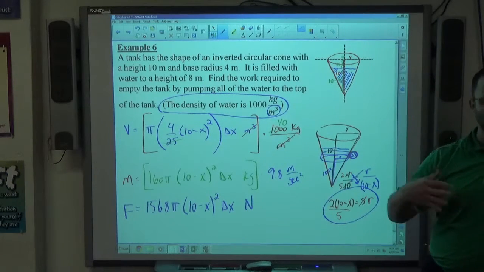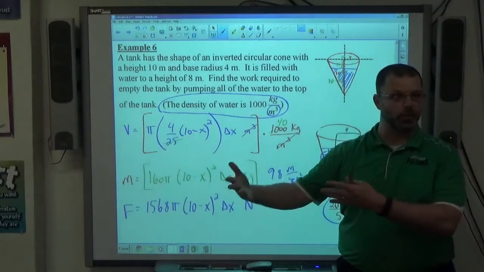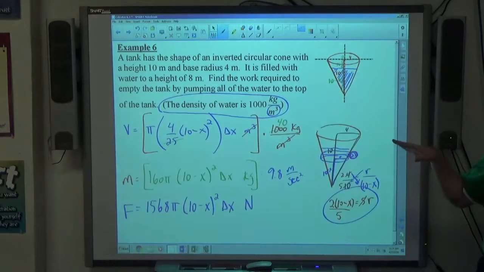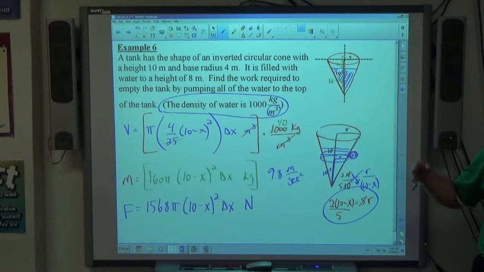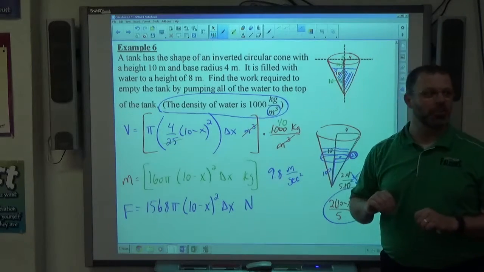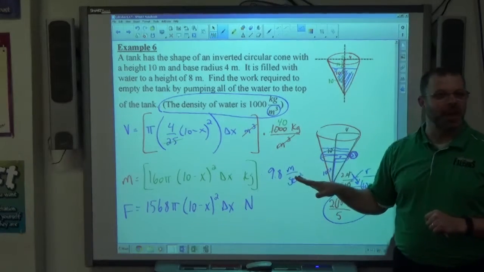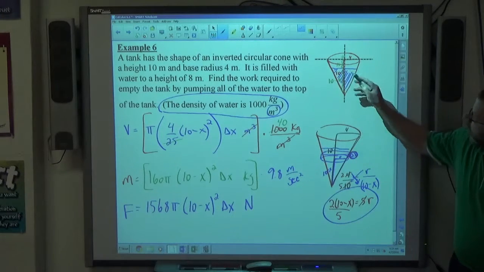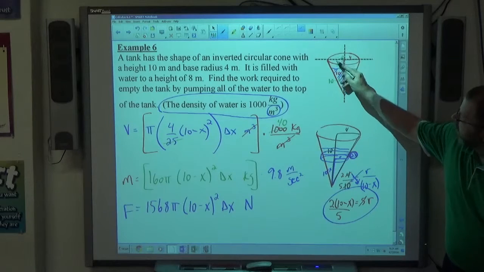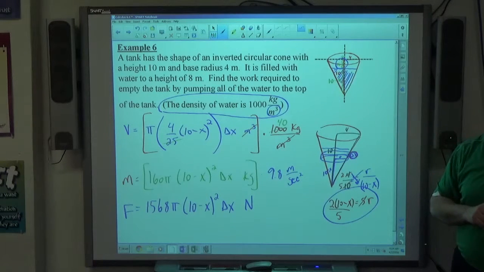Now, yesterday we did these work problems. We were integrating force to find the work. On these problems specifically, when you do this little cross-sectional thing here, you're going to be integrating the work to find work. I wish I knew why. I just know you're supposed to do it. So this is one of those Nike rules here. Just do it. You're supposed to multiply times height on this one. All right, so the water is going a distance of x units wherever it's at, right?